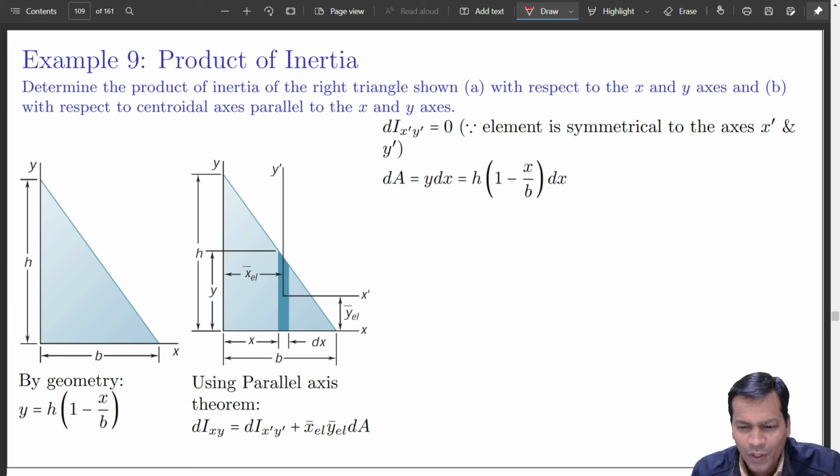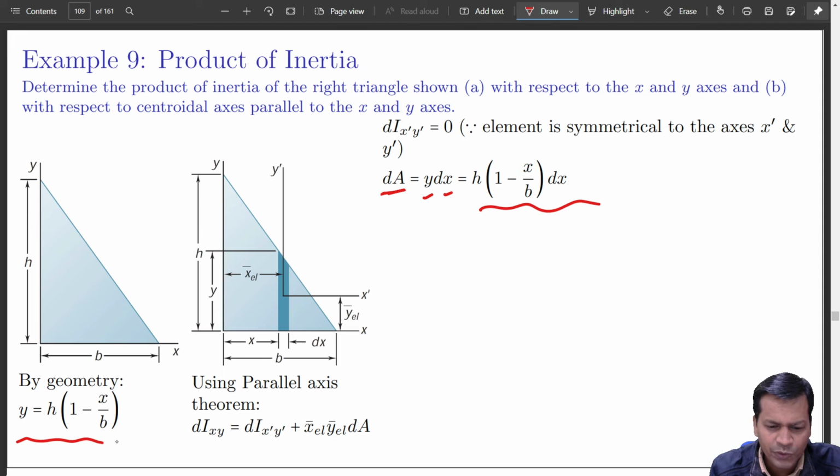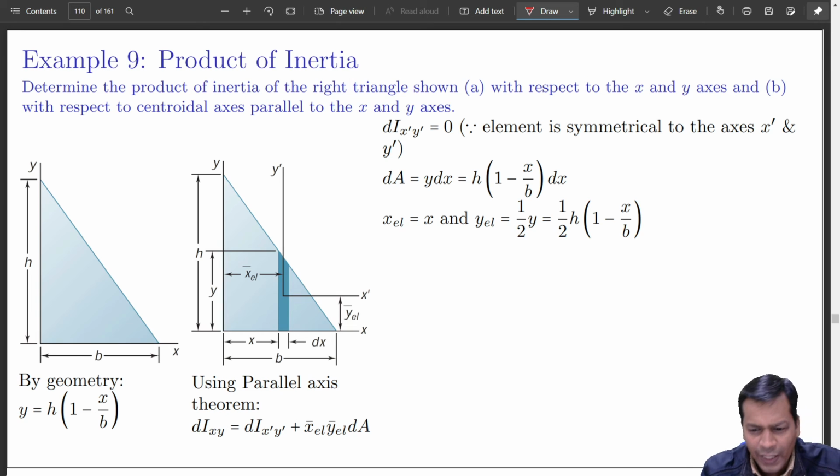Now the next term dA, the small elemental area, is y dx. I have simply used this multiplied by dx to give the elemental area. Now x el is x, almost equal to this. You need not further subdivide it. y el will be equal to y by 2, since if this is y, the centroid of that will be y by 2.